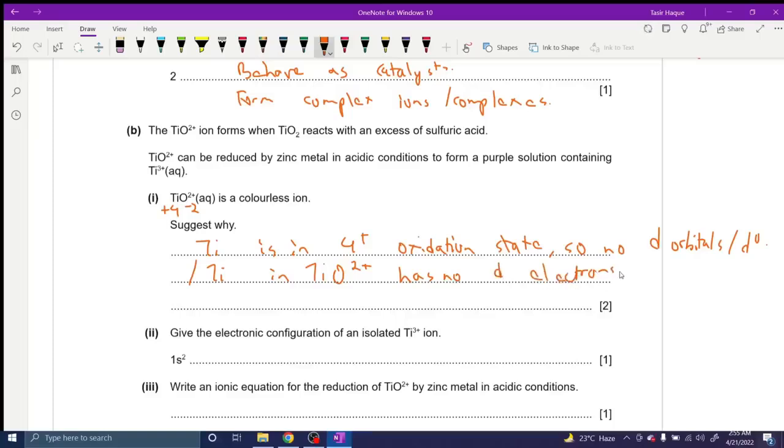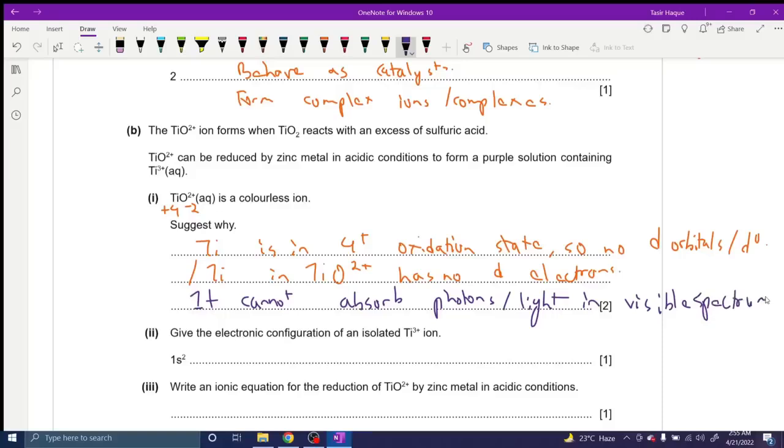Okay, so what's the issue? Basically it cannot absorb photons or light in the visible spectrum. Okay, that's the issue.